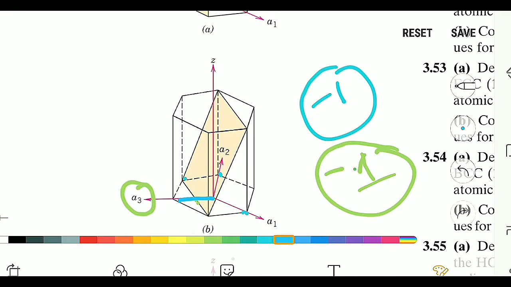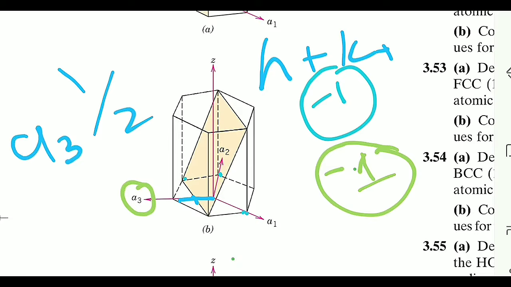This whole length is 1, and half of it is 1/2, so it is cutting at half. The plane is cutting the a3 axis at half in the positive direction. We can also confirm whether it is half or not, because we have the equation h plus k plus i equals 0.